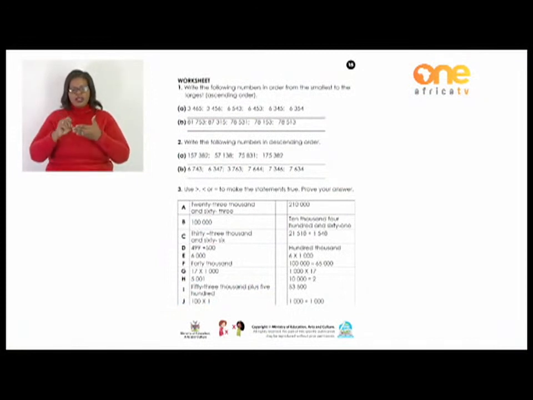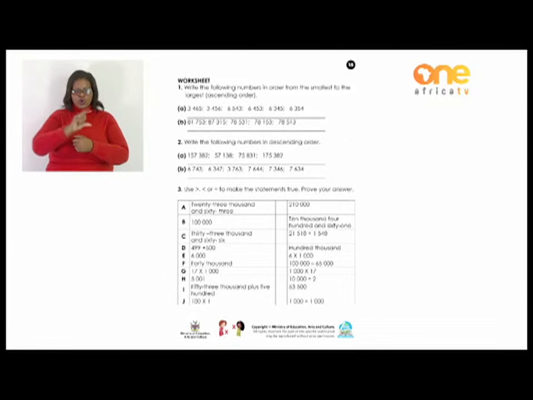But let us go to page 15 and start with our activity that you need to do at home. I will go through with you, but you have to do this on your own. I will just explain where there is a need for change and so on. The first one, number one, you need to write these numbers in order from the smallest to the largest.